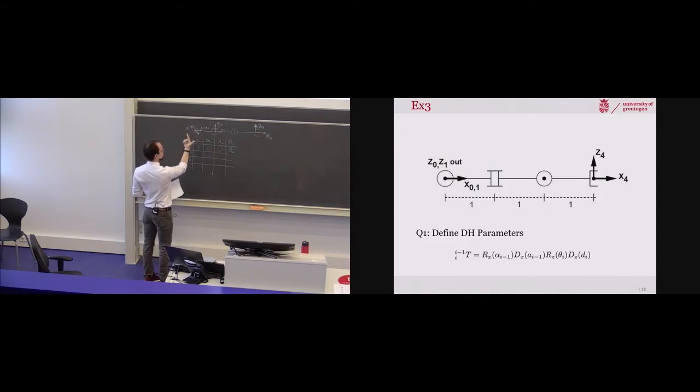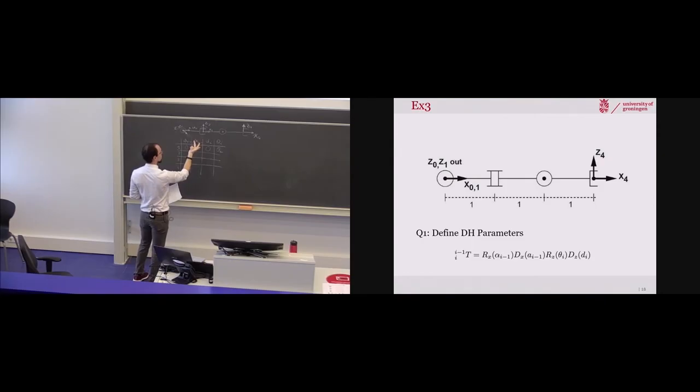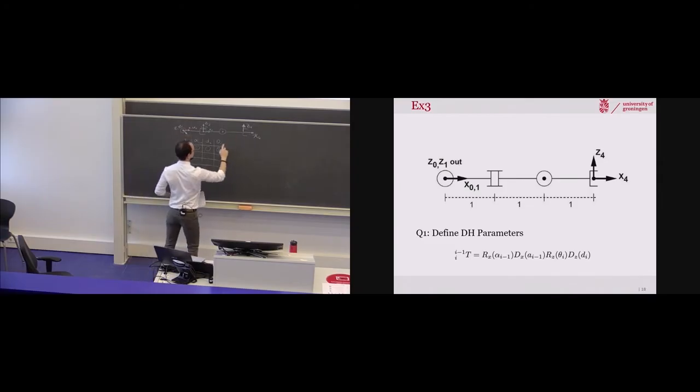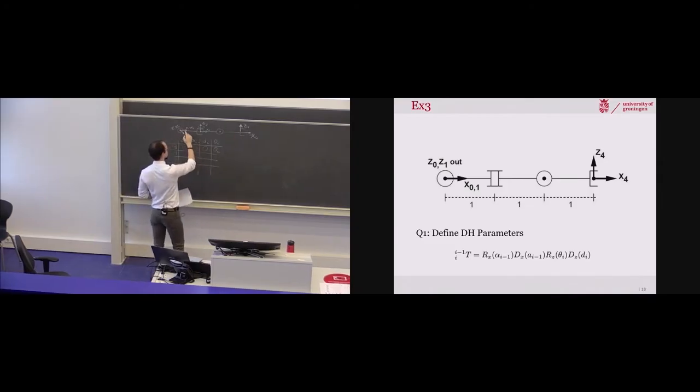So from perpendicular to the blackboard to upward. And what does it mean? It means that I have to do a rotation along this axis, so along z of minus 90 degrees.